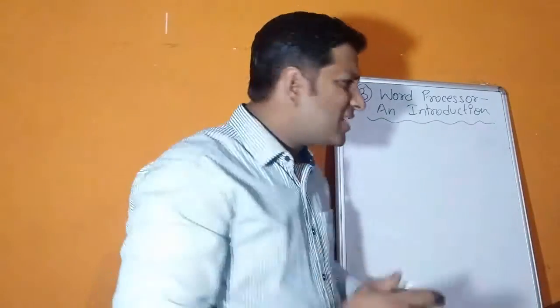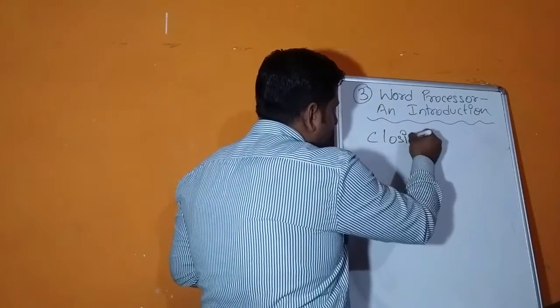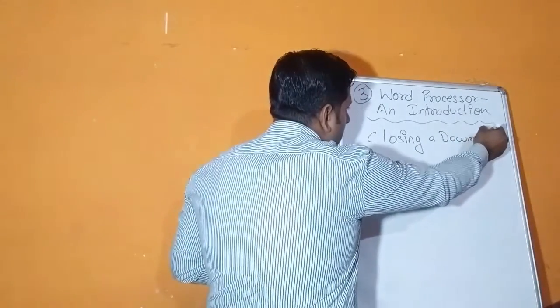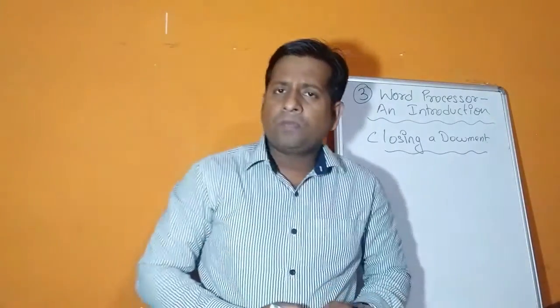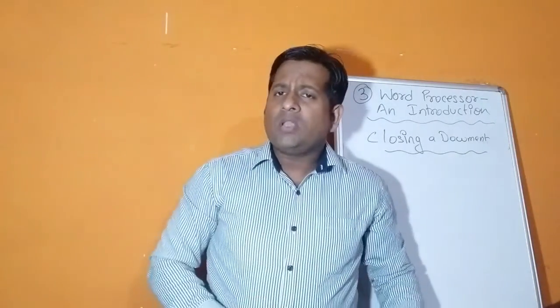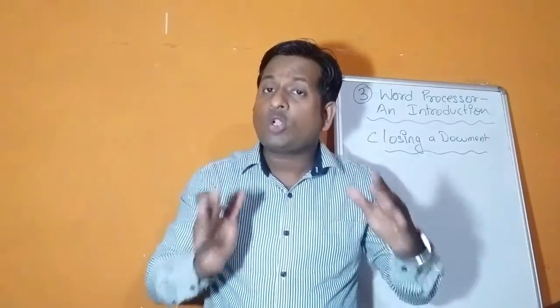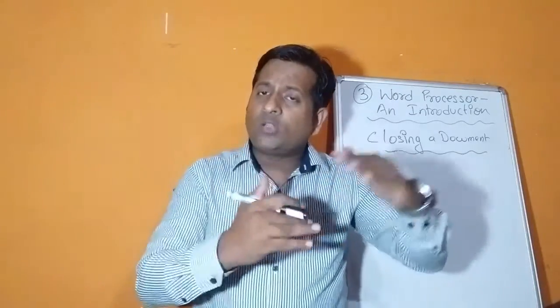Now let us move to the next topic, that is closing a document. Closing a document means, suppose your work is over, you need to close it, isn't it? You need to close your document, not Microsoft Word. Simply that particular page you need to close.